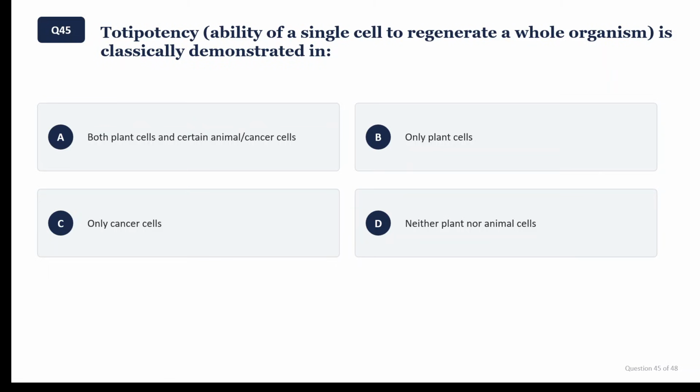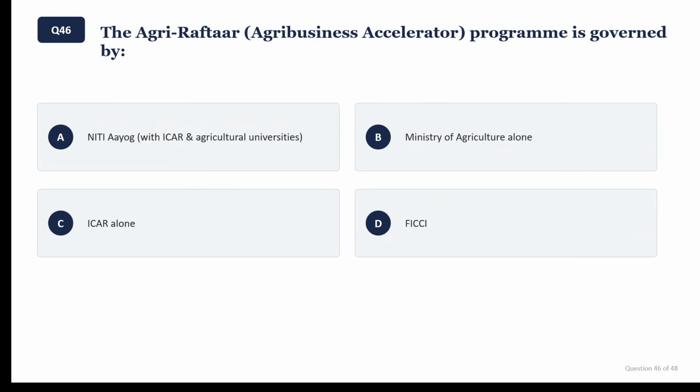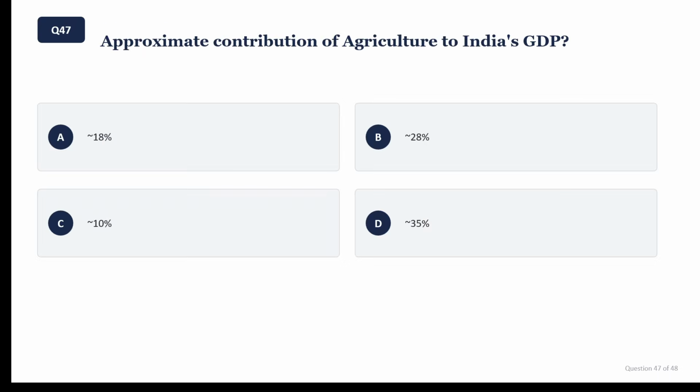Totipotency, the ability of a single cell to regenerate a whole organism, is classically demonstrated in both plant cells and certain animal or cancer cells. The Agri-Business Accelerator program is governed by NITI Aayog with ICAR and agricultural universities. ICAR full form and establishment year, please write in the comment section.